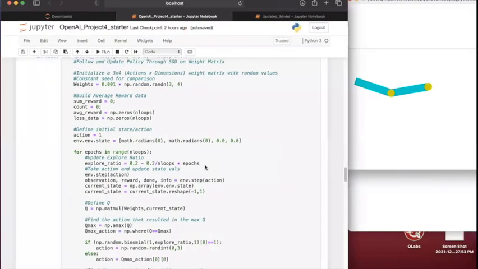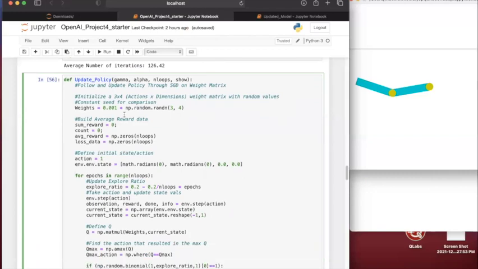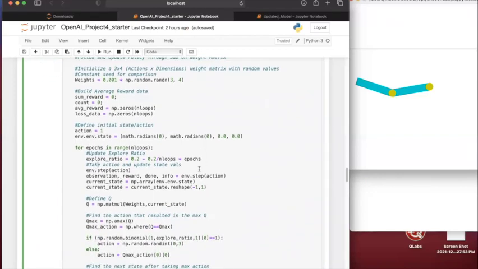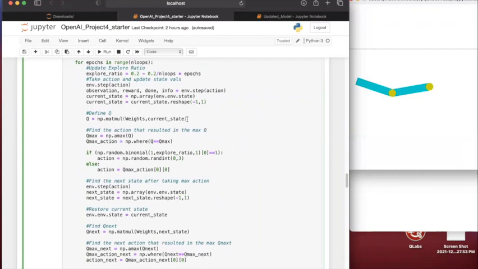If I go over to my simulation here, I have my update policy code. Here I'm going through all of the epochs. I've got a learning rate that's decaying as the number of loops increases from 20% to 0. I have some initialization of the simulation.